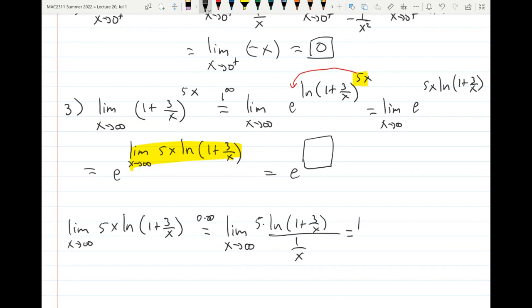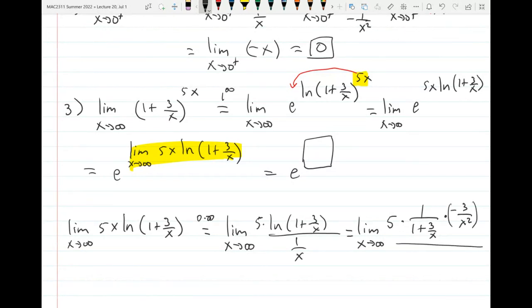Okay, so now let's use L'Hopital's rule, because we have a 0 over 0. So remember, there's a 5 in the top, so I'm just going to keep it there. And then when we take derivative of ln, that's going to be 1 over 1 plus 3 over x, remember chain rule, times derivative of the inside, that's going to be negative 3 over x squared.